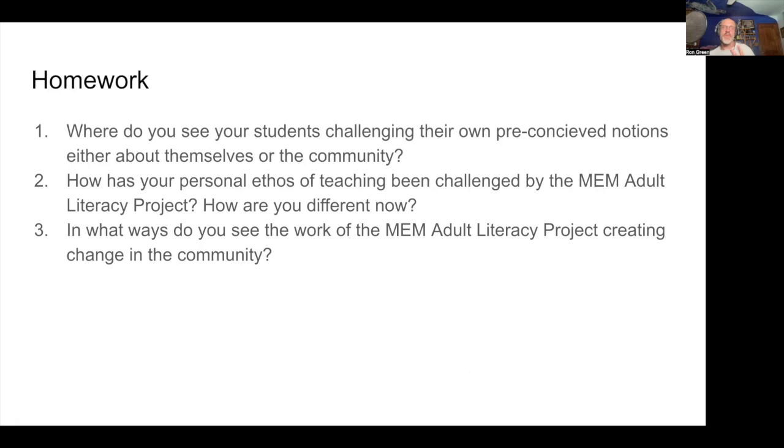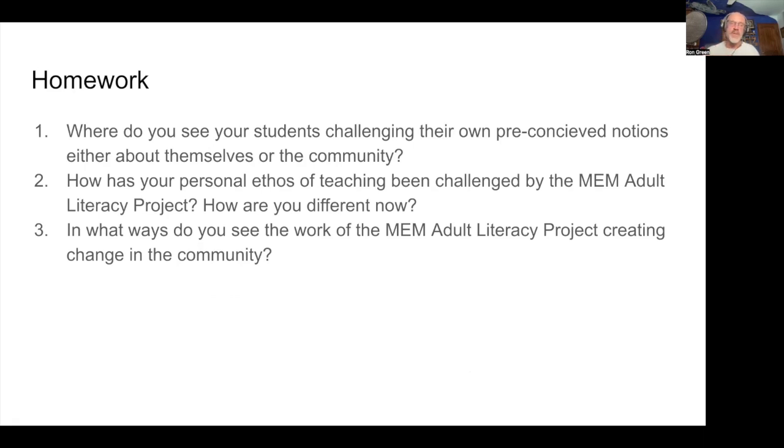Number two, how has your personal ethos, your concept of what's important to you and what philosophically drives you as a teacher, how has your personal ethos of teaching been challenged by this course, by the MEM Adult Literacy Project? How are you different today than you were before you began?